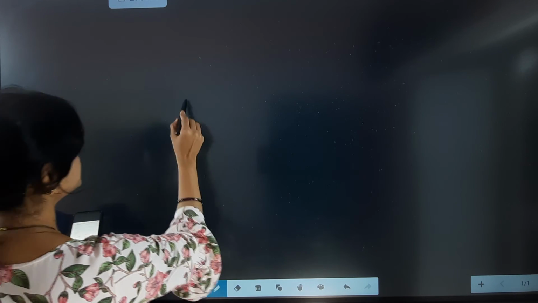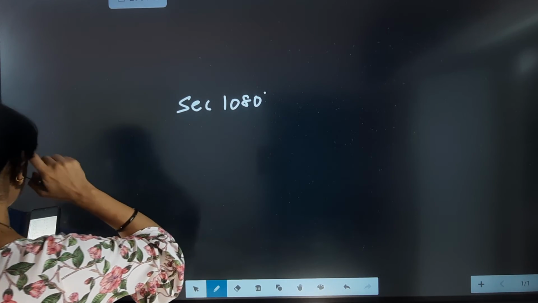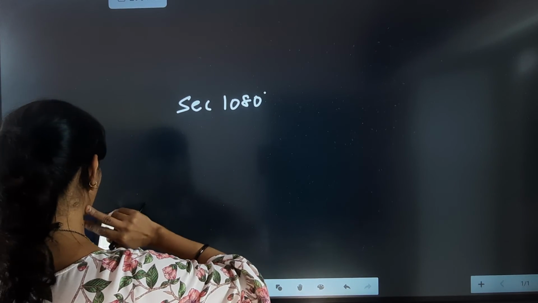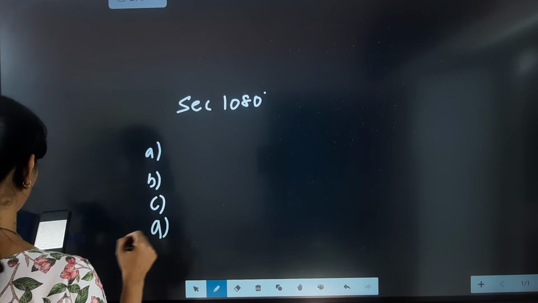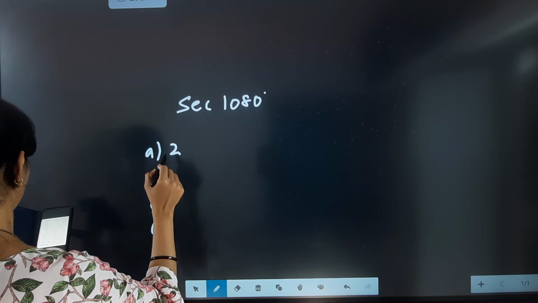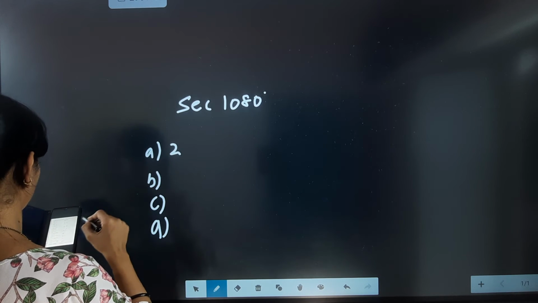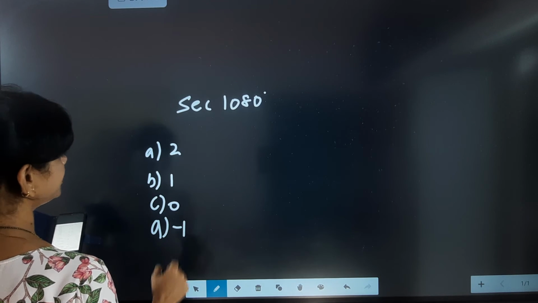Now the next question they are asking is secant 1080. What is the value of this? The options are 2, 1, 0, minus 1.